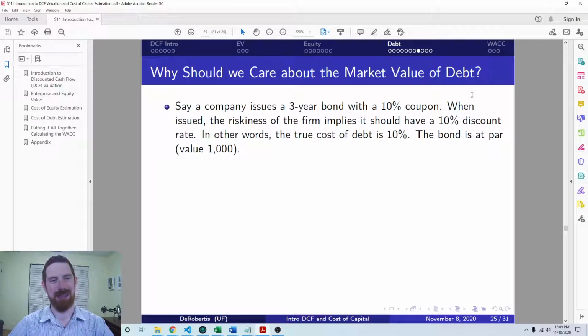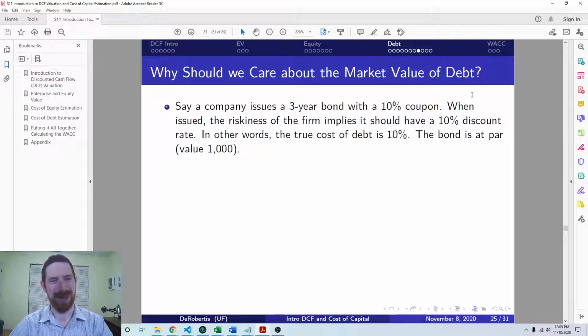Companies always just set it up this way. That's the standard in the industry, so that the price of the bond when it's issued is 1,000, the same as the face value, par value, principal value, $1,000.